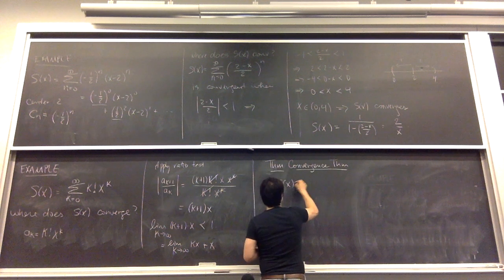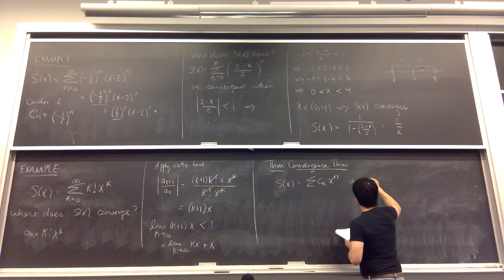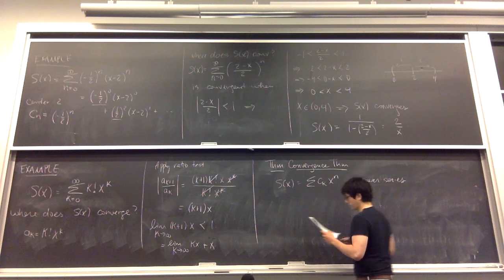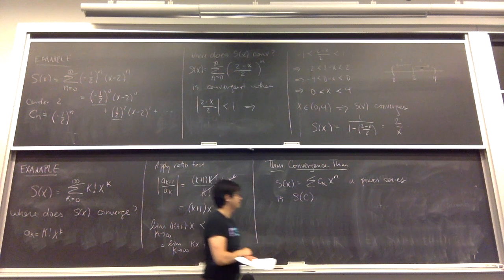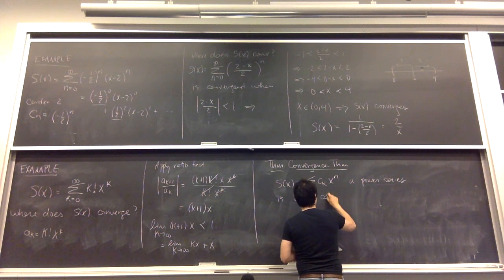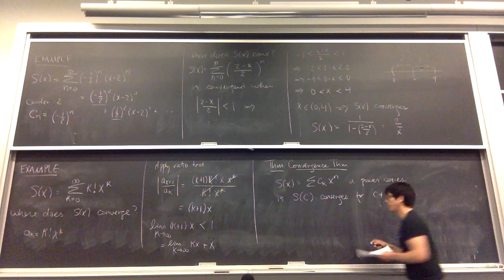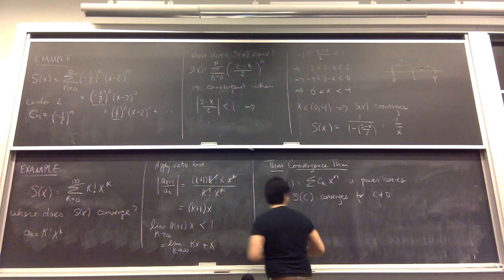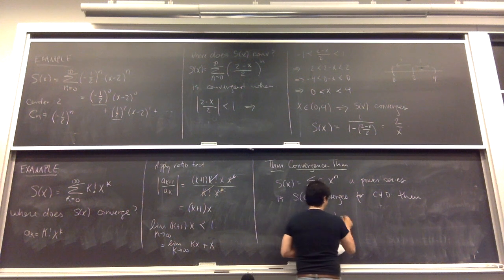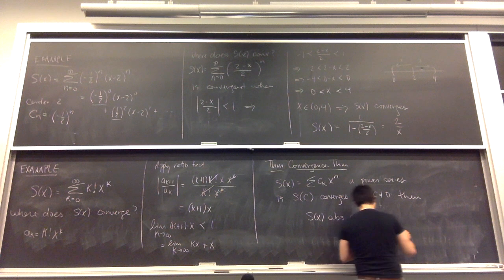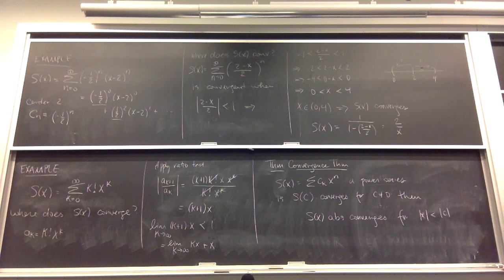If we have a power series S, and S at this number C converges, where C is a constant that is not the center, then S of x absolutely converges for everything that satisfies this condition.